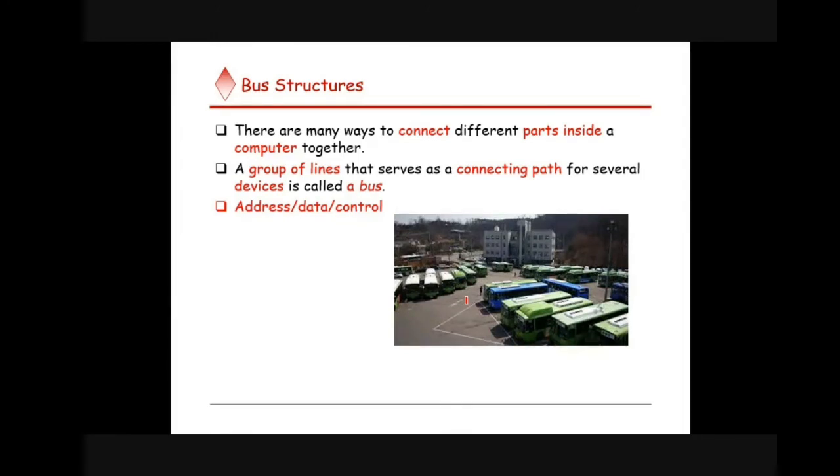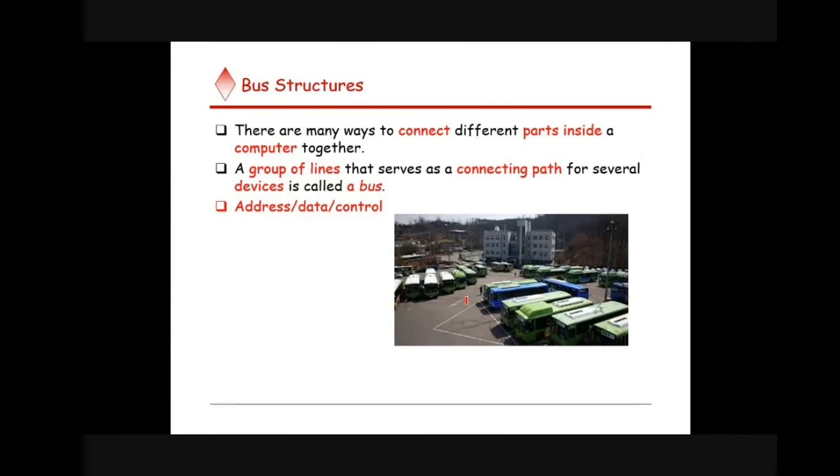What other thing did I tell you? When you want to access specific data or an instruction from the memory, the processor should know the address. The processor should tell the address to the memory unit. So the address is one component the processor should transfer to the memory unit, and the bus structure should also transfer the address.